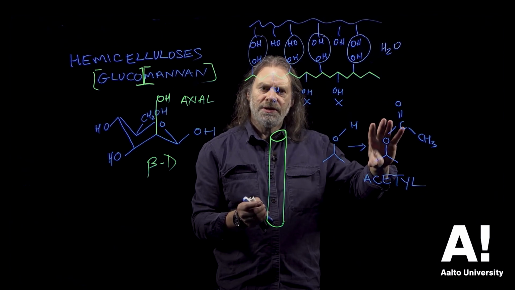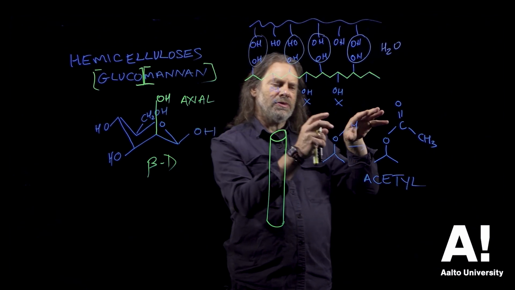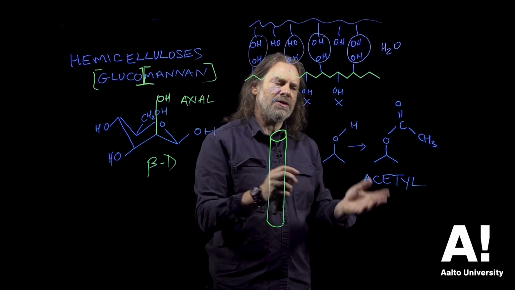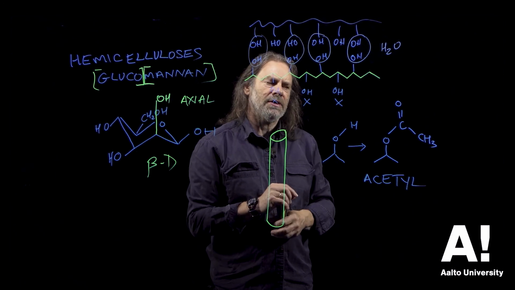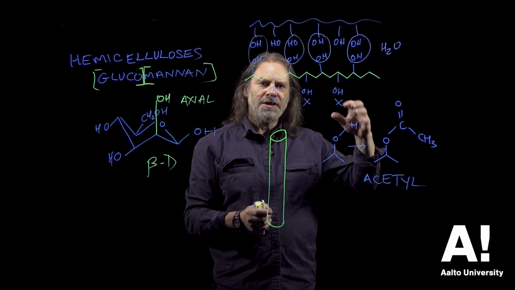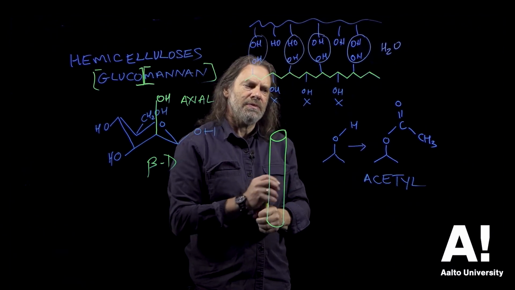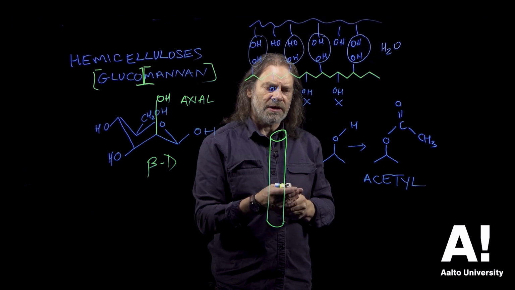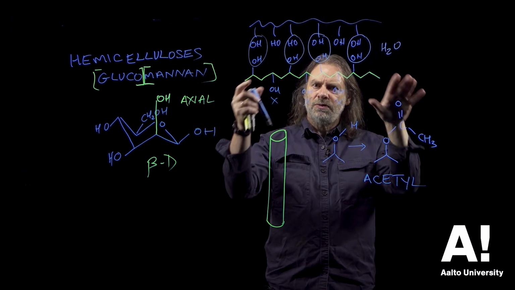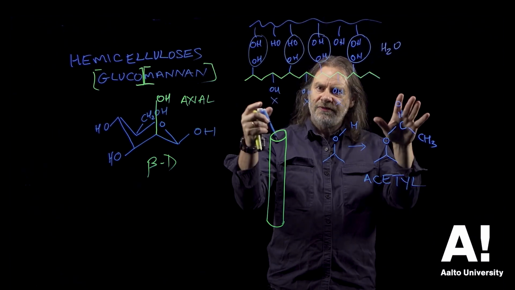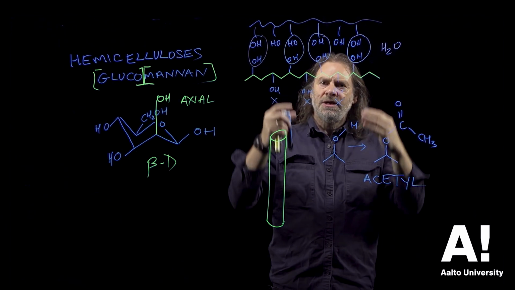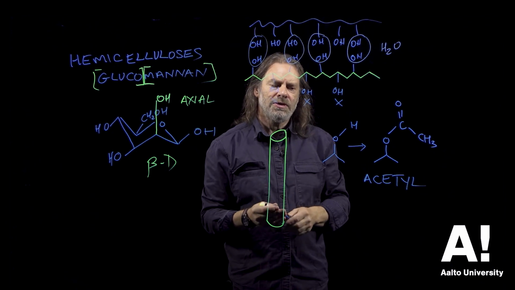Lignin, which I'll talk about later, is much more towards the hydrophobic end of the spectrum between hydrophilic and hydrophobic. It's not as water-loving as some of the other molecules, as the carbohydrates, because it has less hydroxyl groups. So by acetylating, we can make the hemicelluloses more compatible with the lignin matrix. So we want the hemicelluloses to act as interfacial coupling agents. We want them to be, well, we don't want them, that's their function. They have to have some compatibility with the reinforcement and some compatibility with the matrix.